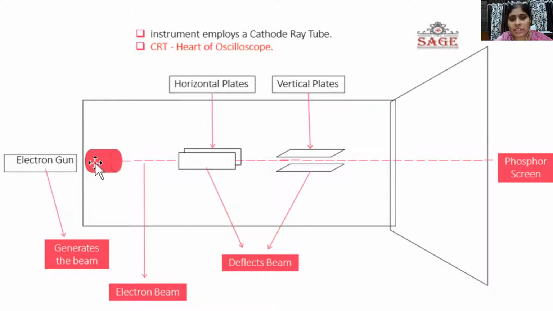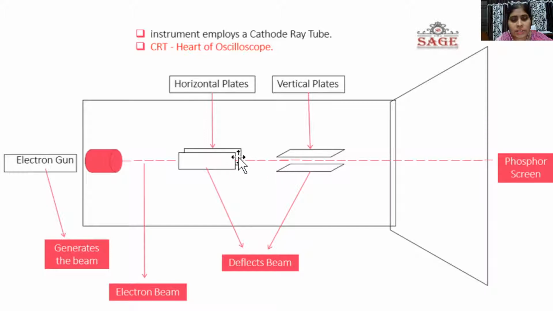Basically, this is the cathode ray tube, and this is the heart of the oscilloscope. The CRO uses the cathode ray tube, and inside it the electron gun is present, which generates the electron beam, then the horizontal deflection plates and the vertical deflection plates. When the electron beam passes through this deflection assembly, it gets deflected in the vertical direction as well as the horizontal direction.